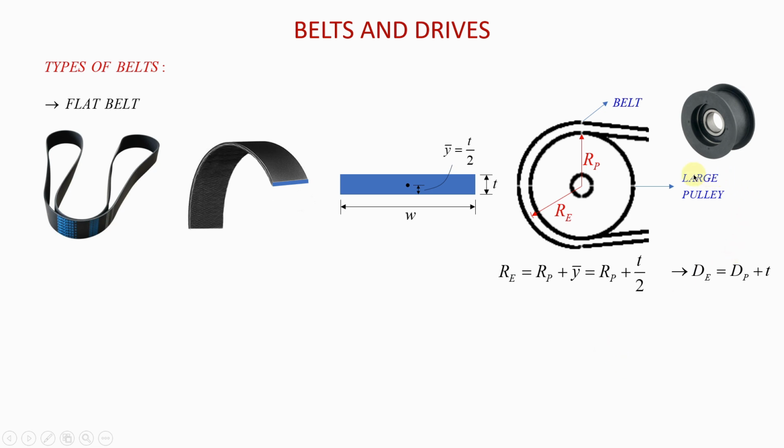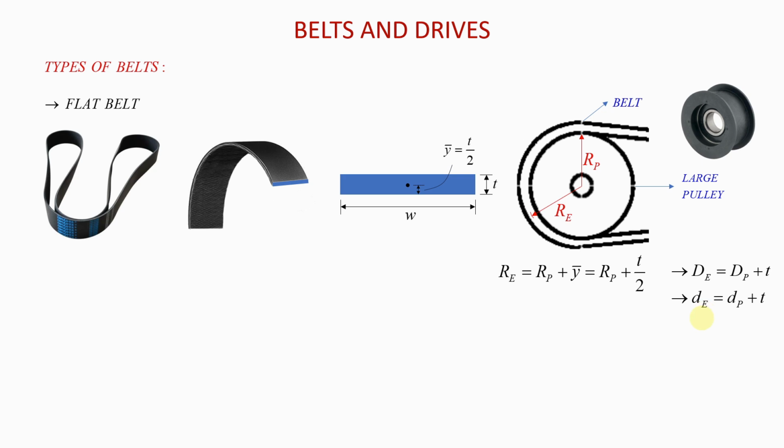Now, when we deal with the large pulley, we will use capital D to refer to its diameter and capital R to refer to its radius. But if it was the small pulley, we would have used small d. And so just bear that in mind from now on. When you're dealing with the large pulley, you use capital letters for its dimensions, and when you're dealing with the small pulley, you use small letters, small d, for its dimensions.